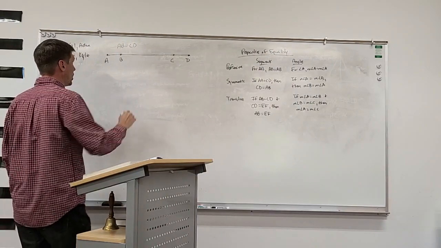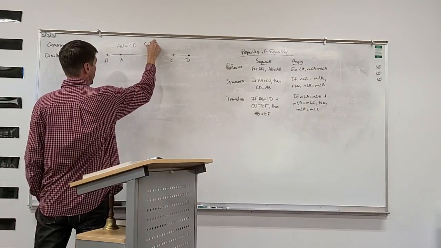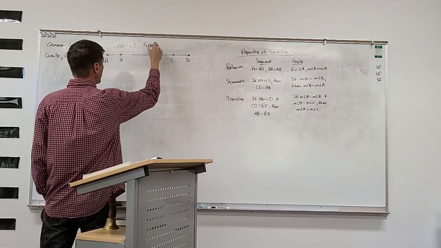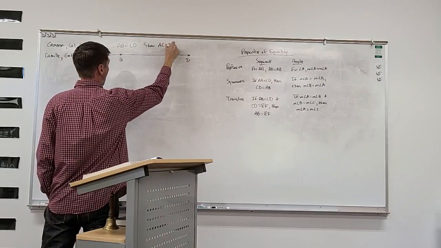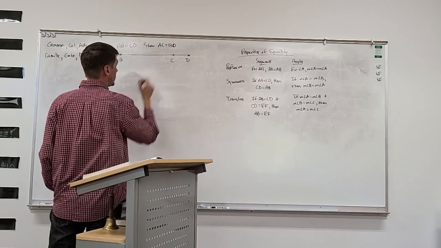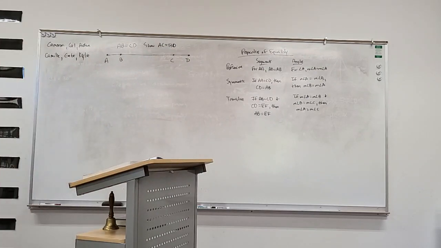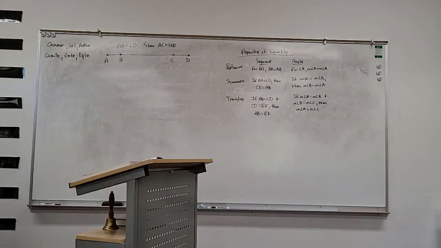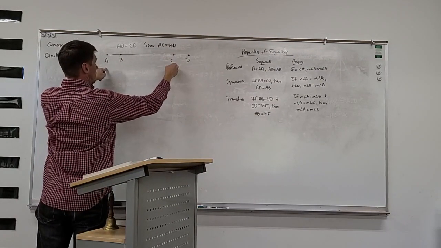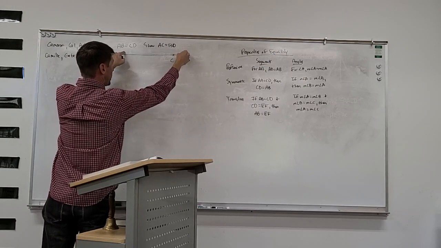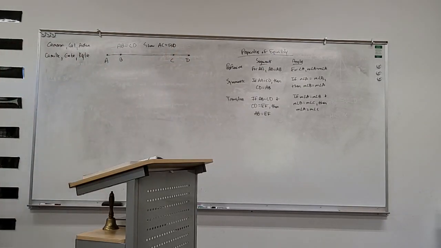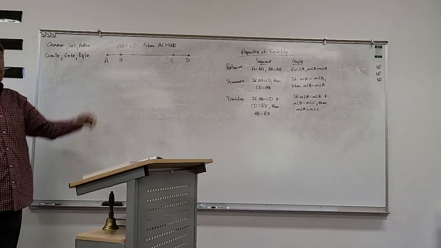And they want us to show that AC equals BD. So this length here equals this length here. How can we say that is so if we know that AB equals CD?